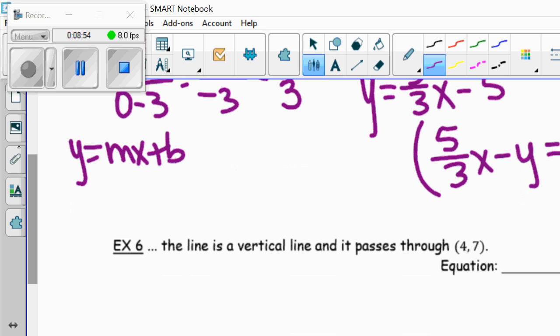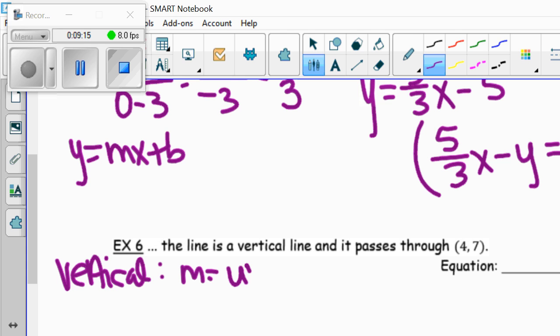Next example, example number 6. The line is a vertical line and it passes through the point 4, 7. I've told you that you need to memorize everything you can about horizontal and vertical lines. So let's review what we know about a vertical line. What's the slope of a vertical line? Undefined.